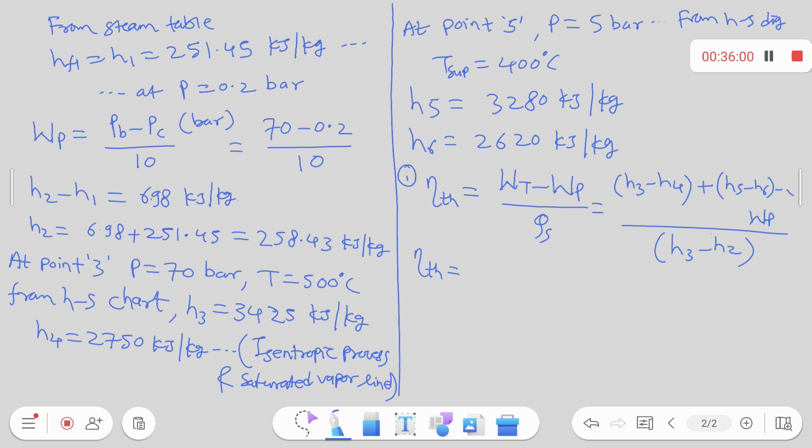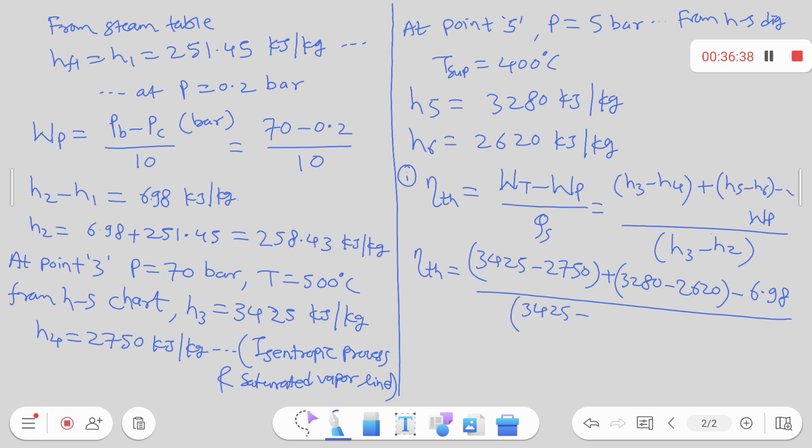H3, 3425 minus H4, 2750, plus H5, 3280, minus H6, 2620, minus pump work 6.98, divided by heat supplied, H3 minus H2, 3425 minus H2, 258.43.